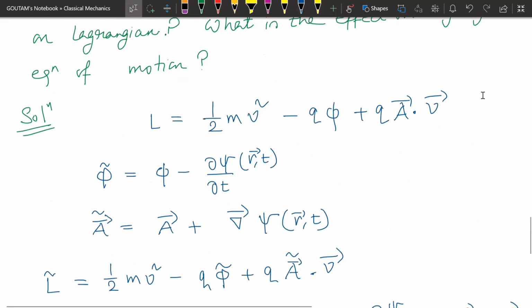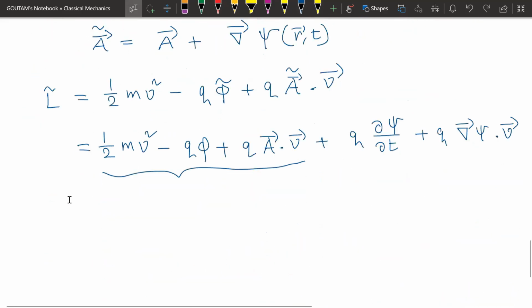This is the Lagrangian we had. So this is the L. So we have L plus Q, or we can take the Q inside.